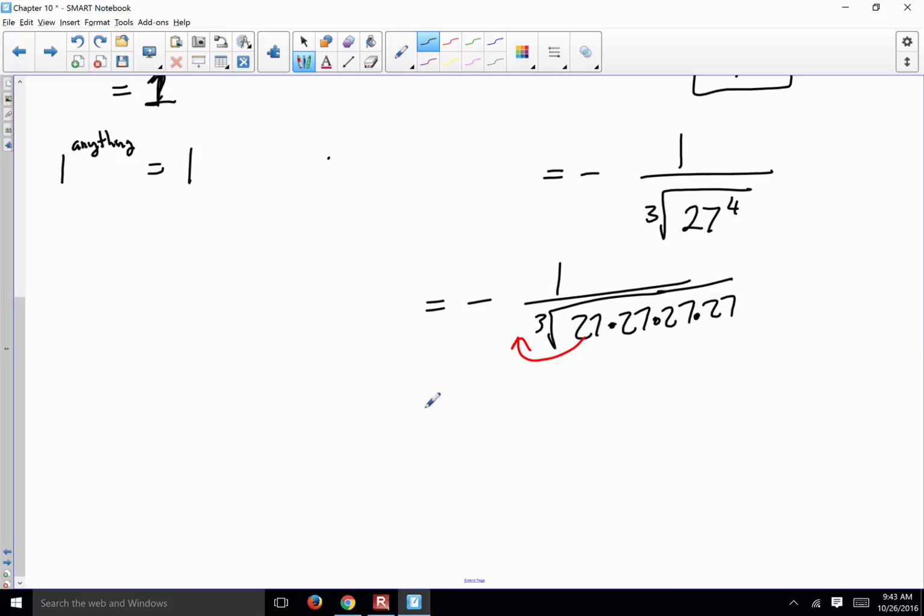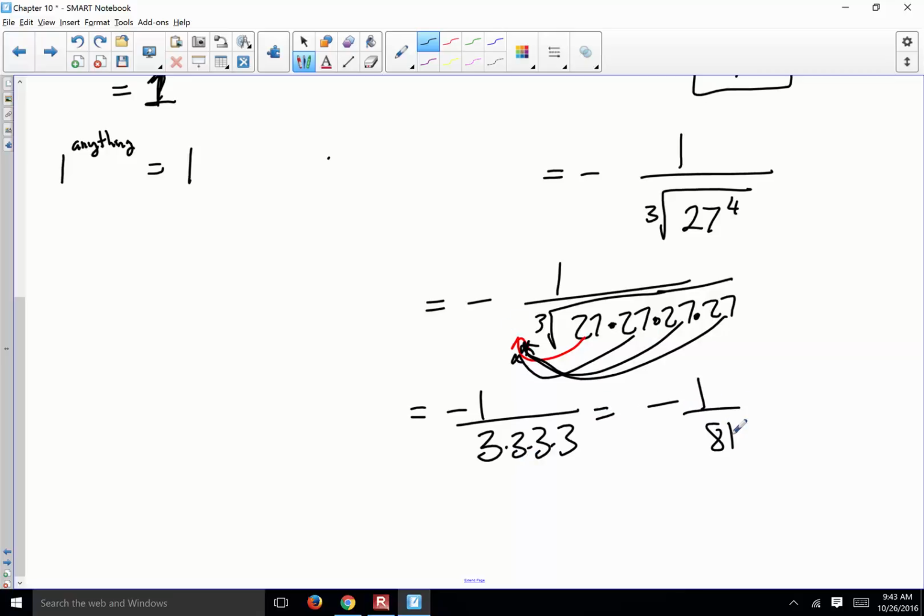3. This comes out, that one comes out, everybody comes out as 3. How many times though? 4 inmates coming out as 3. So they combine into 81. Okay? Are we good?